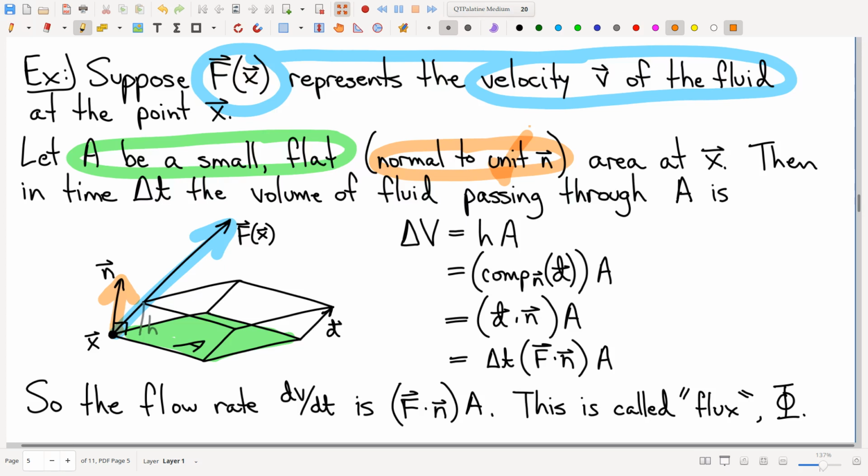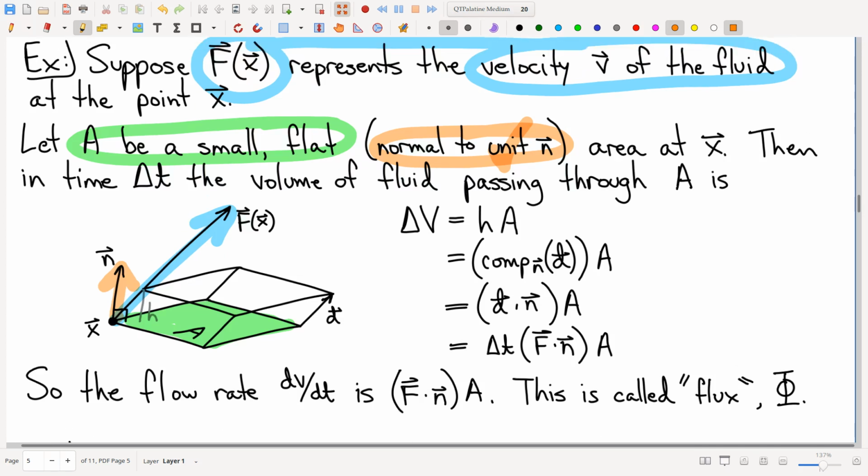Okay, so how do we compute this? It's actually not that big a deal. It's just a matter of looking at the picture and putting the pieces together. So let me walk you through the calculation. In a given amount of time, a certain vector will represent what the fluid has done in that amount of time. So in this case I've got some vector there.